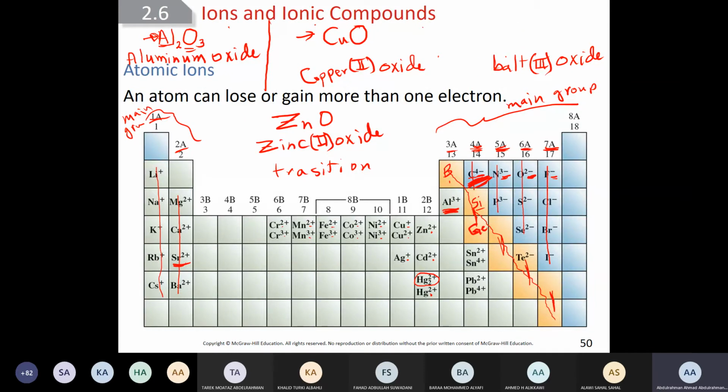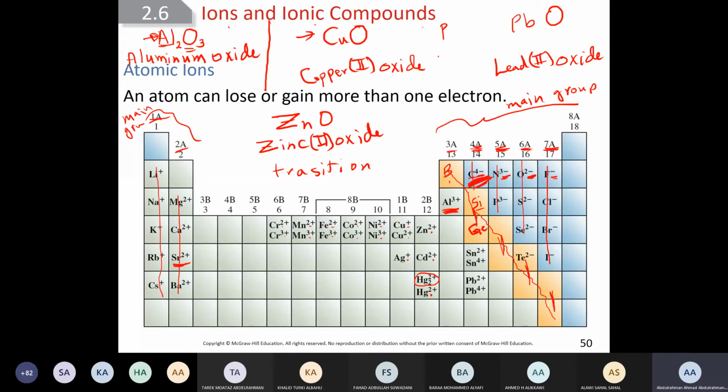How about this element, PbO? By the way, Pb is what? Lead. What's the name of this compound? Lead 2 oxide. All right, very good.